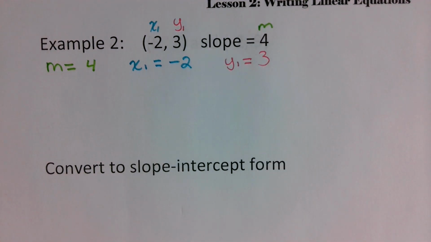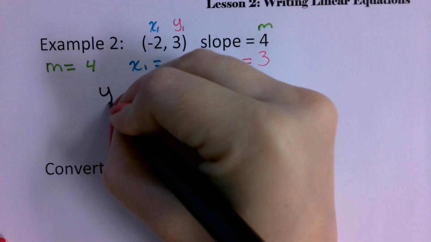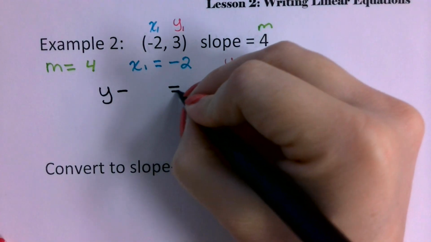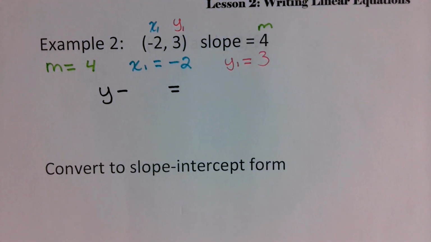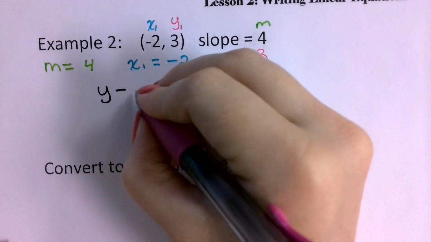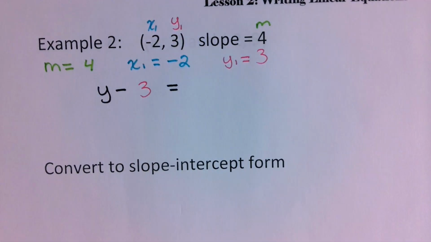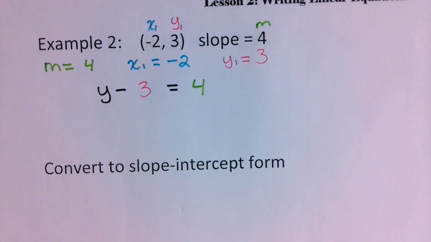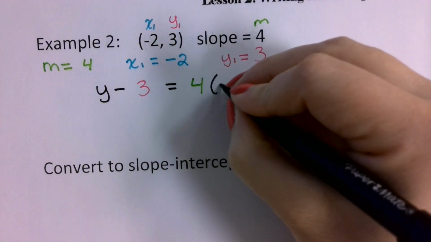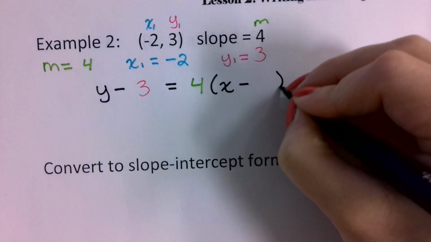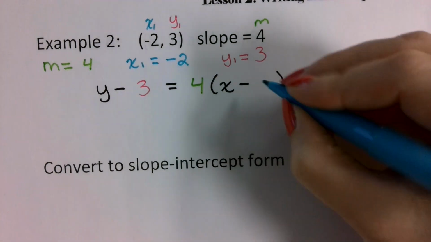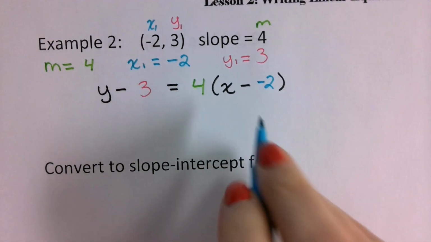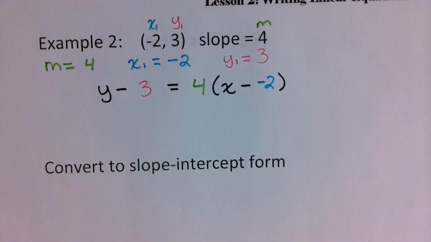So when I'm substituting this in, we're going to do y minus, and remember it's y minus the y1 coordinate, so we're doing y minus 3 is equal to my slope. My slope is 4 times a quantity of x minus, and it's going to be subtracting my x coordinate, which is a -2. So we should have x minus -2.